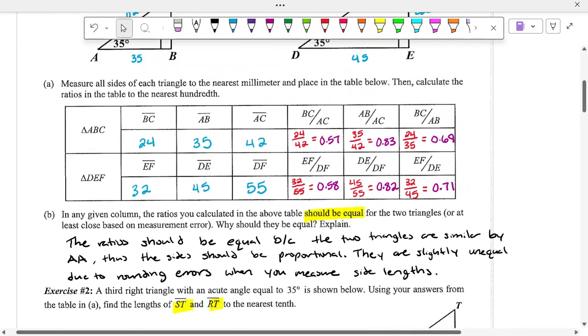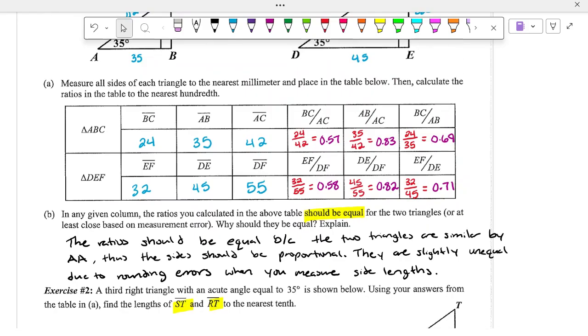So up at our table, which ratios contain the corresponding sides to RS? A, B, and D, E. So any one of them that says A, B, or D, E in it, we can use. So we can use these two proportions or these two proportions.